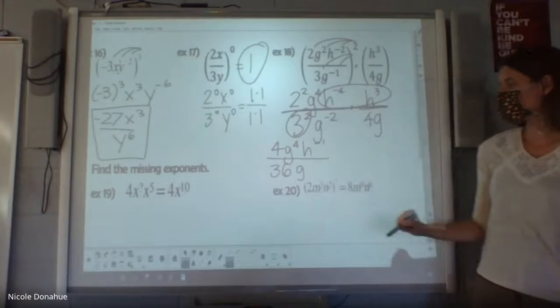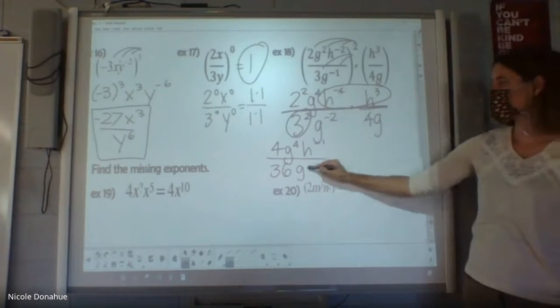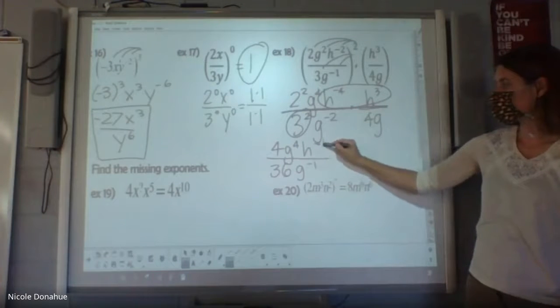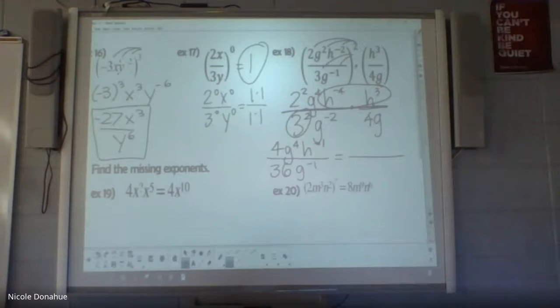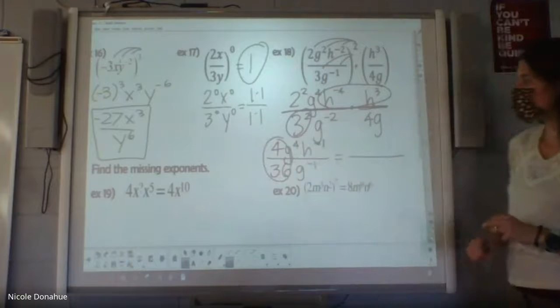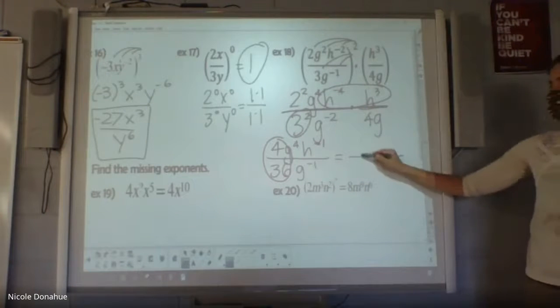G to what power? Negative 1. Okay. All right. 4 over 36. 9. Where's the 9 going to be though? Bottom, 1/9.